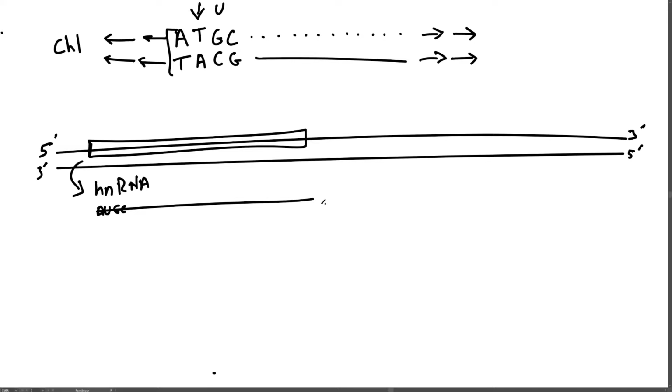And it turns out that this hnRNA gets spliced. And there are some regions here that become part of the mature RNA molecule and some regions that get spliced out. So you might have a region here like this piece that is an exon, which becomes part of the mature RNA molecule. So we have this piece here.